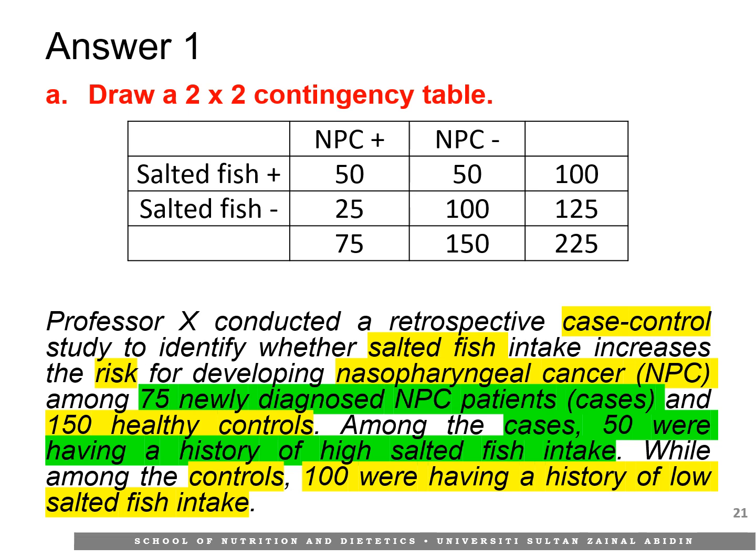So NPC is the outcome and salted fish intake is the exposure. So from the story here, we can fill up this 2 by 2 contingency table as shown in this slide. Total subjects involved in this study is 225.